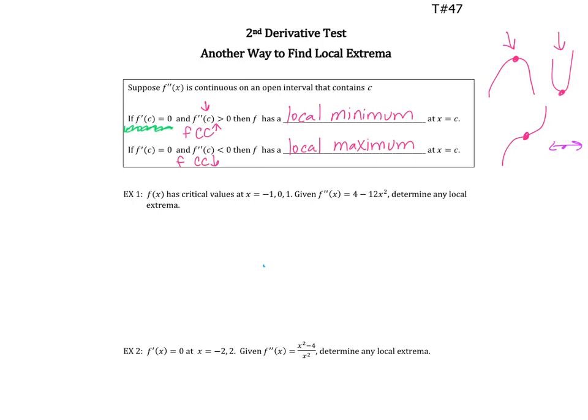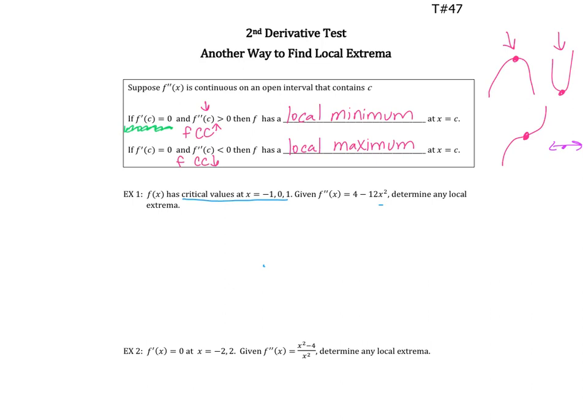So this is a perfect example of when you can use the second derivative test. If it tells me I have critical values here and I have a polynomial, I know that the first derivative is 0 at all those points, because a polynomial is defined everywhere, so the derivative can't be undefined.